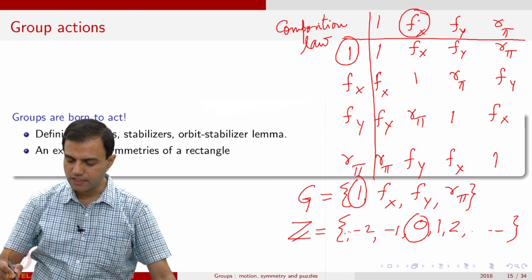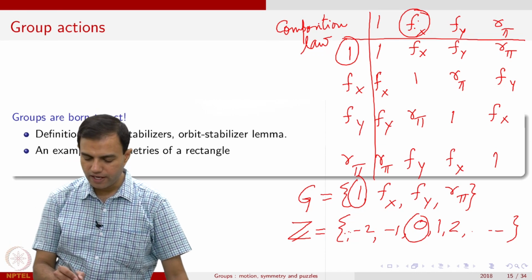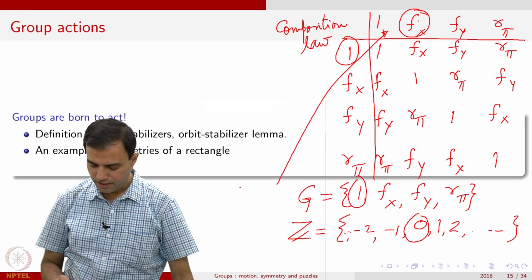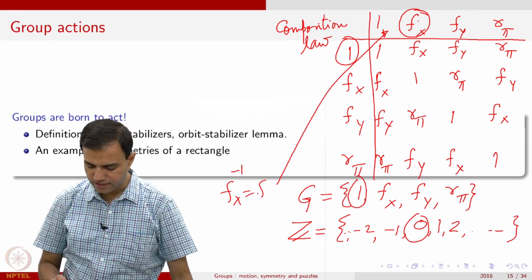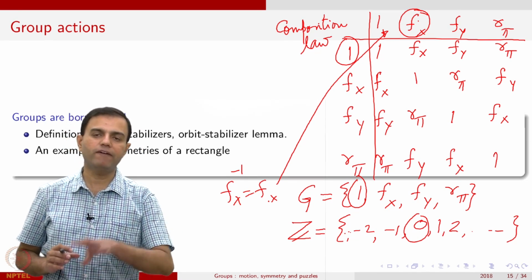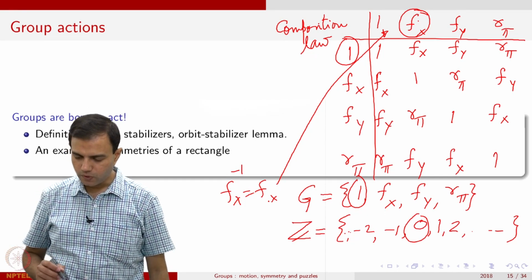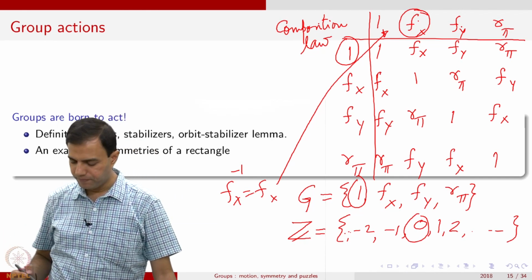So here I would say that Fx inverse is again Fx, because after Fx, if you perform Fx again, you are back to identity. Okay, and same is true with Fy here, same is true with R pi here.